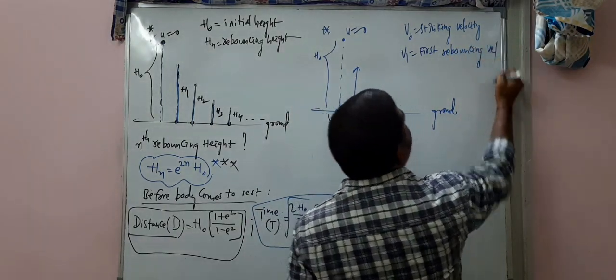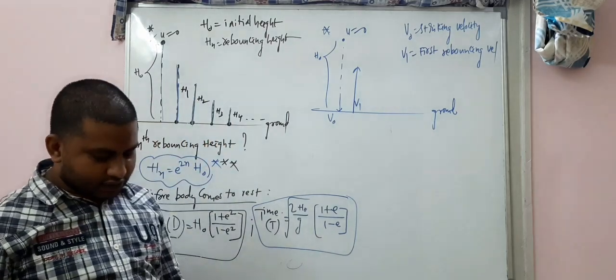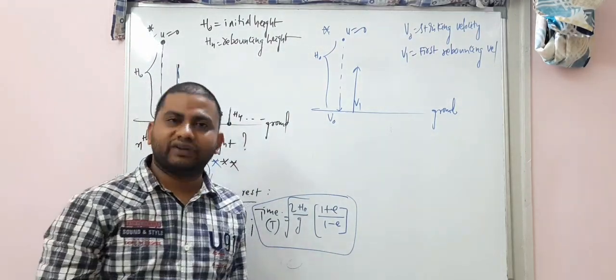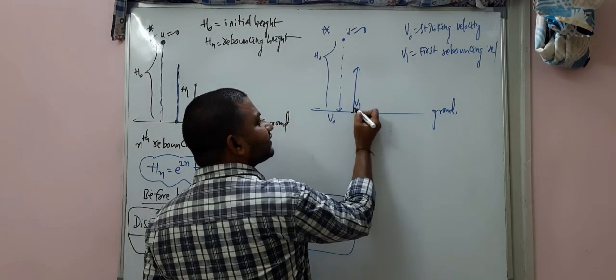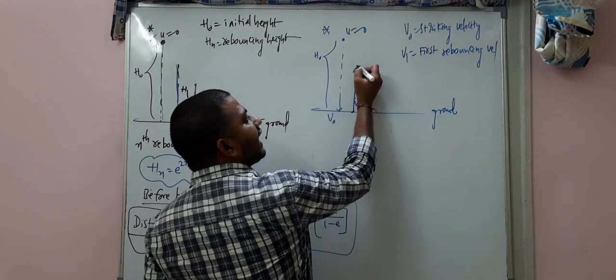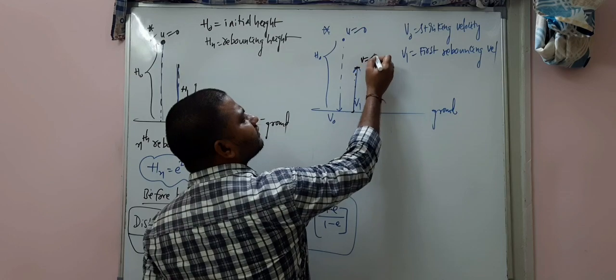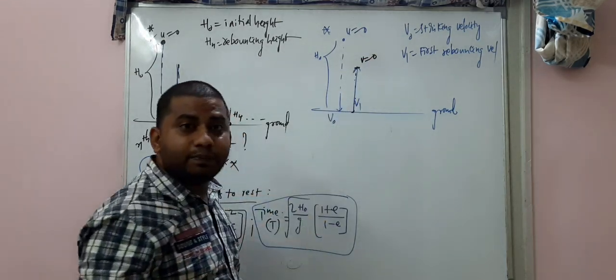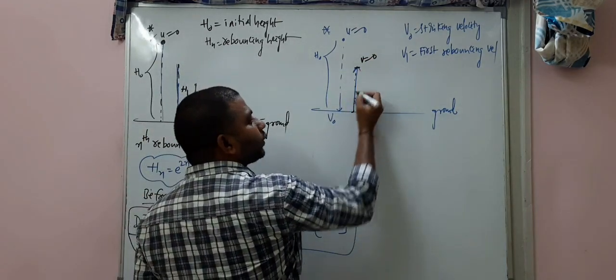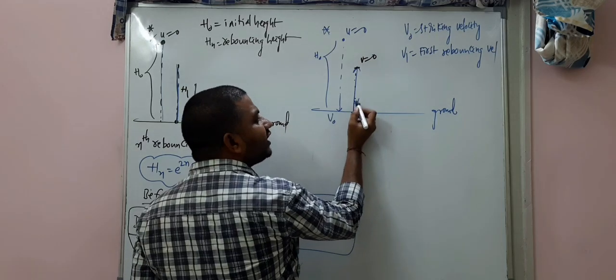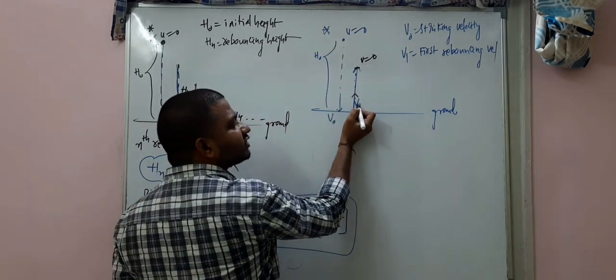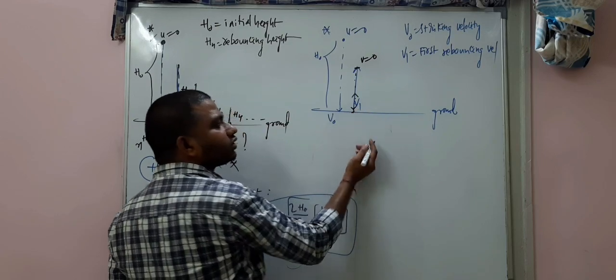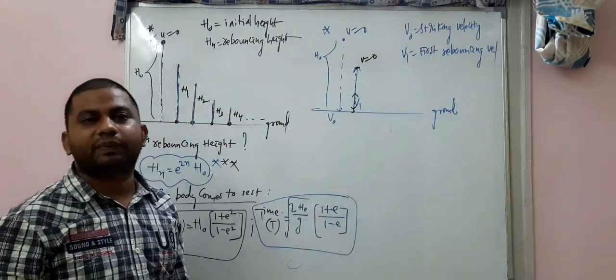Here is one point you should remember, everybody. The first rebounding velocity is like this, and here the velocity will become zero, right? And again it comes back with the same velocity v1 upwards. With v1 speed it comes downwards also. With the v1 speed it comes back.